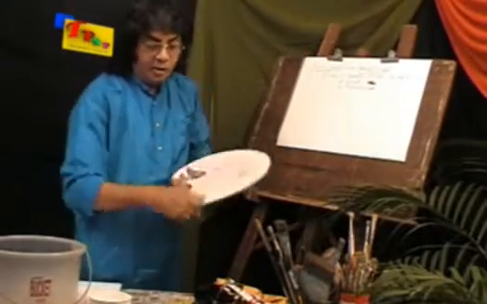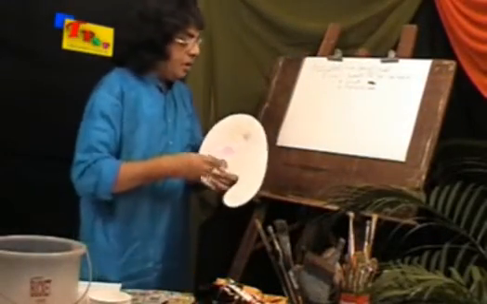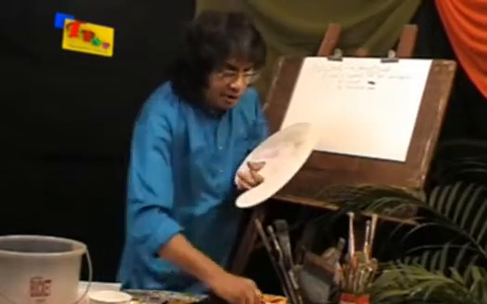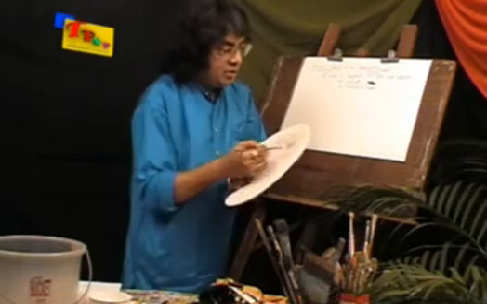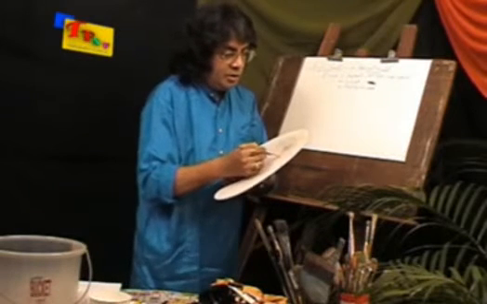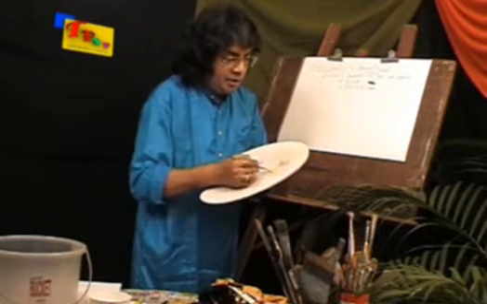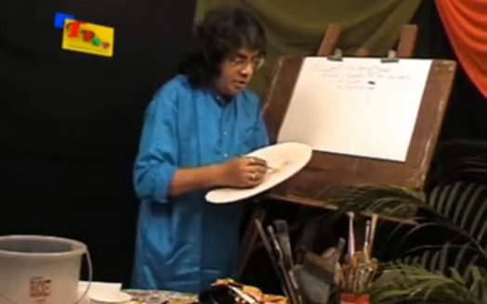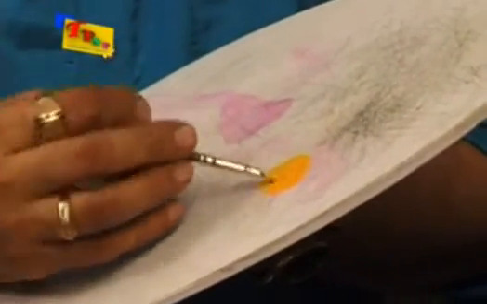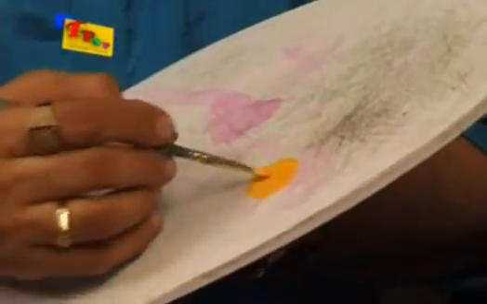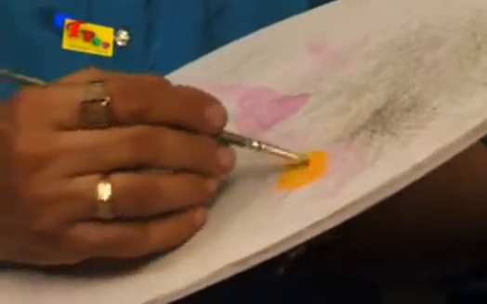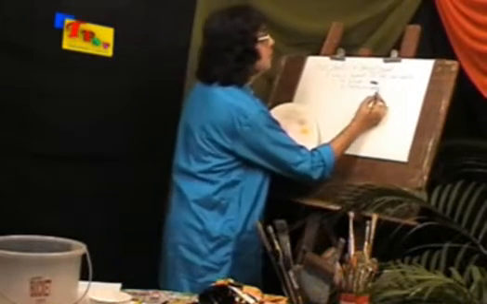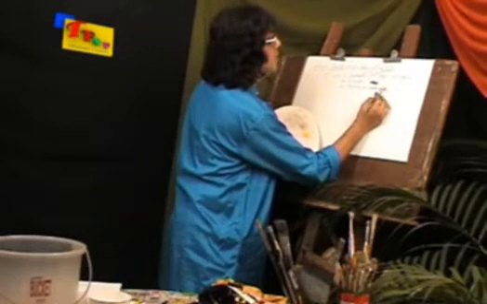On your palette, if I now take out some amount of color and I just add enough water with a brush to make it look like melted ice cream, I can use this consistency of acrylics for my paintings. This is melted ice cream consistency.